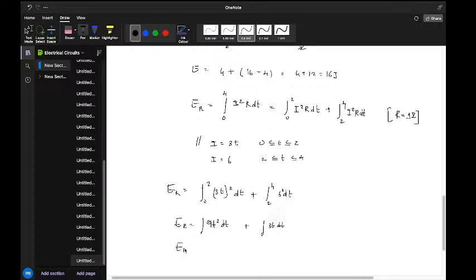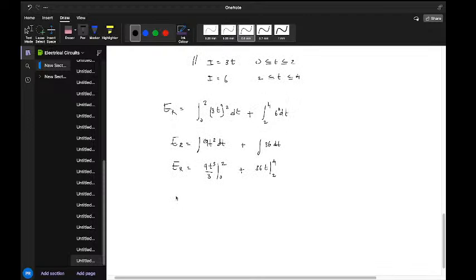So E of R is just going to be 9t cubed by 3, going from 0 to 2, plus 36 dt, which is 36t, where t goes from 2 to 4. Cool, guys. So E of R, let's try substituting values.